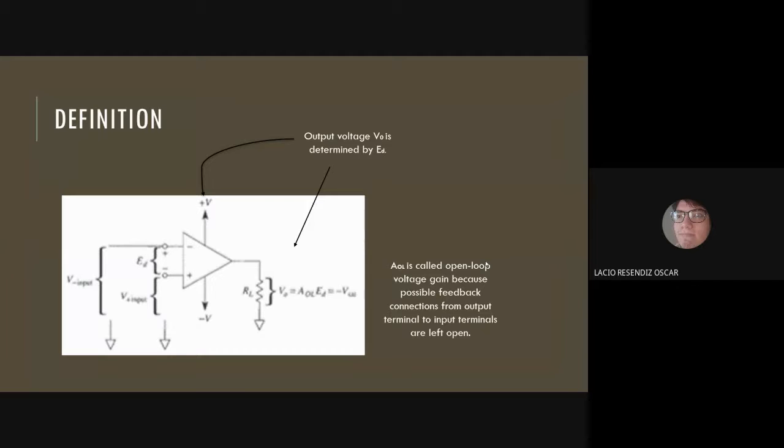The open loop voltage gain is defined when the possible feedback connection from the output terminal to the input terminals is left open. As we can see, the output voltage, VO, is determined by the differential input voltage, ED, and the open loop voltage gain, AOL.